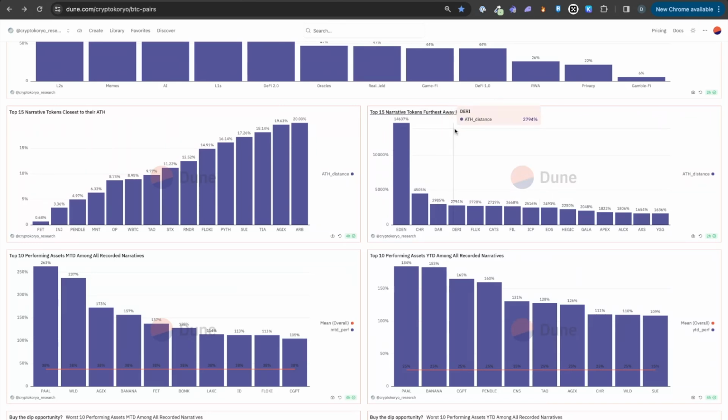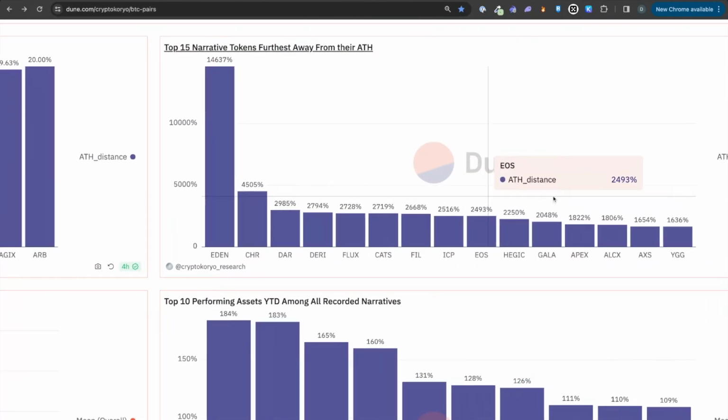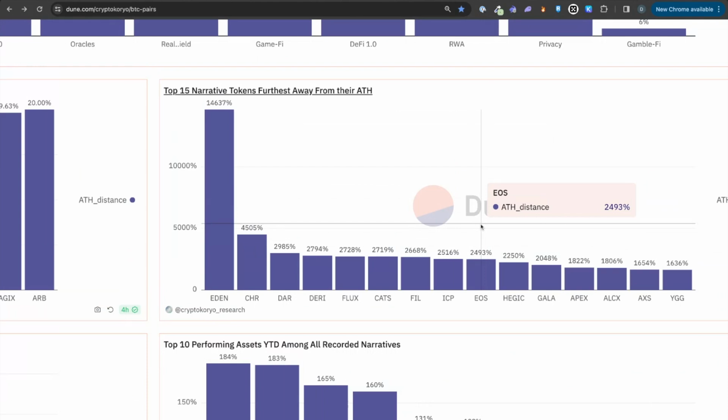Then if you're into mean reversion, you might want to look into the top 15 narrative tokens that are the furthest away from their all-time high. Although I don't really suggest this strategy, still, just looking into the names, these don't look very attractive to me. Things like EOS or, what can I say, ICP. Let's look at ICP.